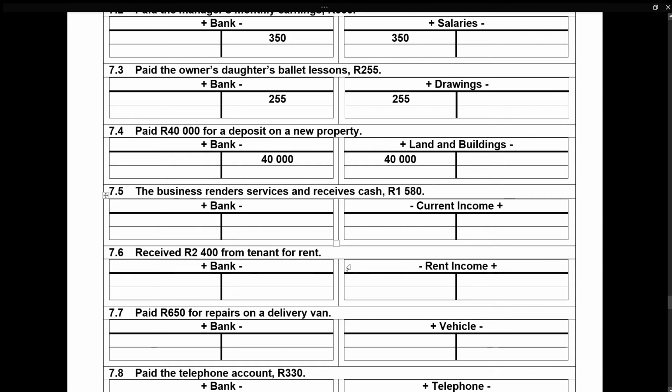Right, so because we are receiving money, my bank will increase with 1,580 Rand on the debit side, and my income that I've received throughout the year will also increase on the credit side, the plus side of income. Right, so every debit has a credit. Remember, bank is being debited and my current income account is being credited.